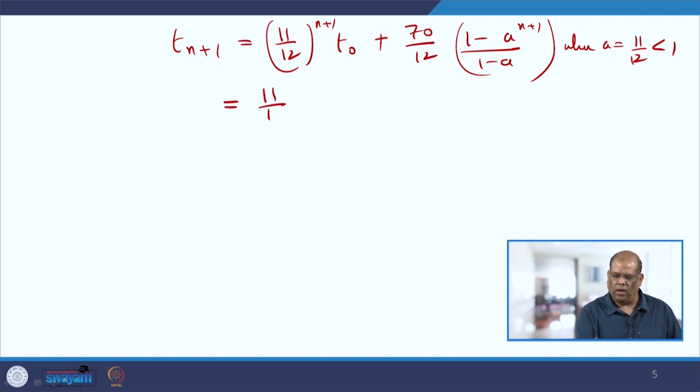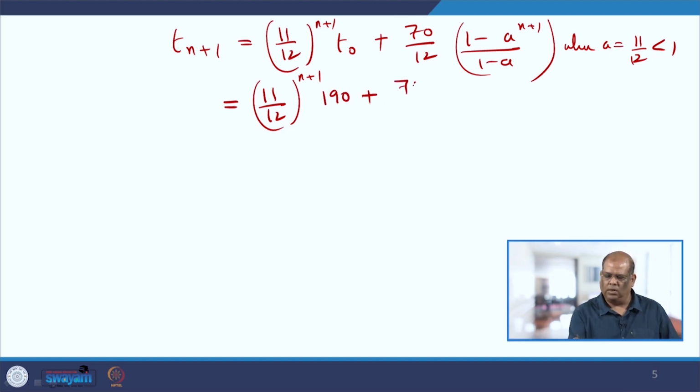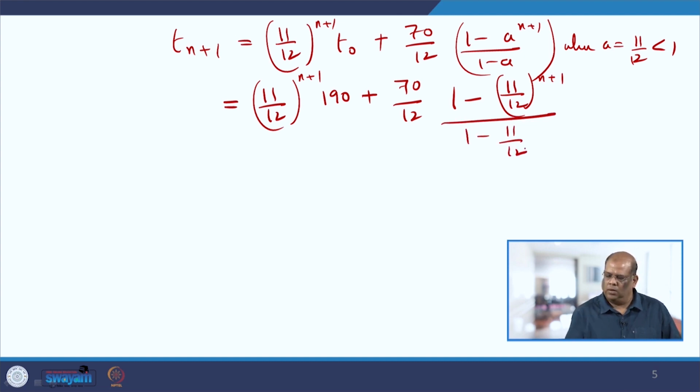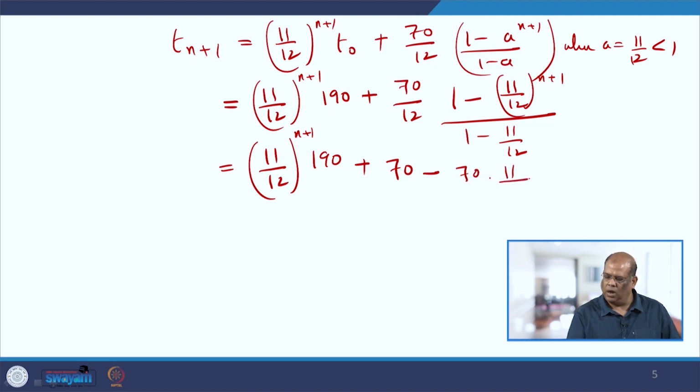So, this is 11 by 12 to the power n plus 1 into T0, which was 190 degree Fahrenheit, plus 70 by 12 times 1 minus 11 by 12 to the power n plus 1 over 1 minus 11 by 12. If you simplify this, this is 11 by 12 to the power n plus 1 into 190 plus, this is 1 by 12, so 70 minus 70 times 11 by 12 to the power n plus 1.